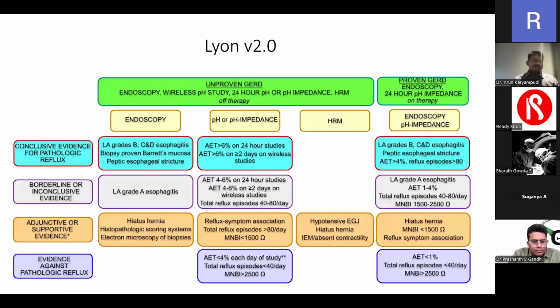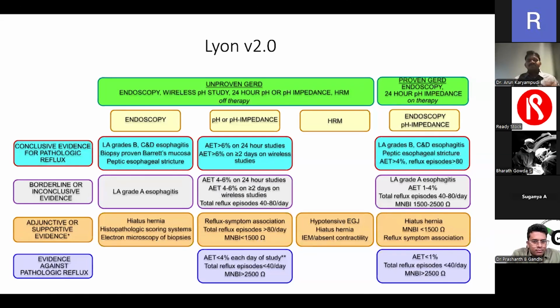But recently, this year, we got the second version of Lyon consensus. Let me tell you some differences between what was in the first version versus what's in the second version. In the second version of Lyon consensus, GERD has been divided into two clusters.